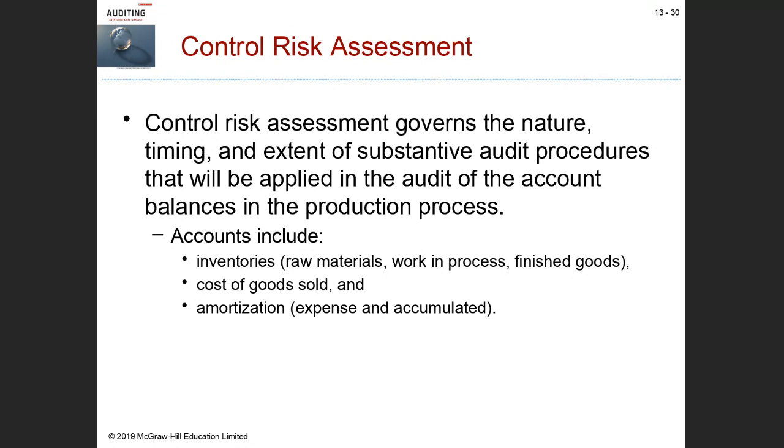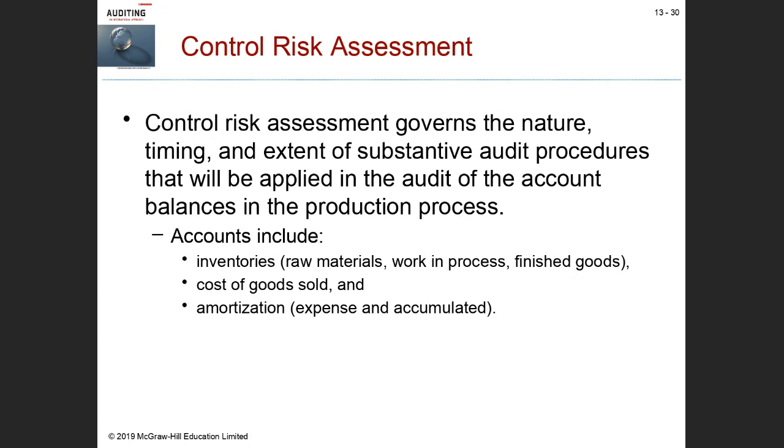And when we talk about substantive procedures, we've mentioned we have different types. Two types: tests of detail, where we look at actual accounting records, source documentation, and analytical procedures. Control risk assessment can affect the timing of our substantive procedures. So if control risk is low, that means internal control system is strong, and auditors can do more of their substantive tests before the end of the year.